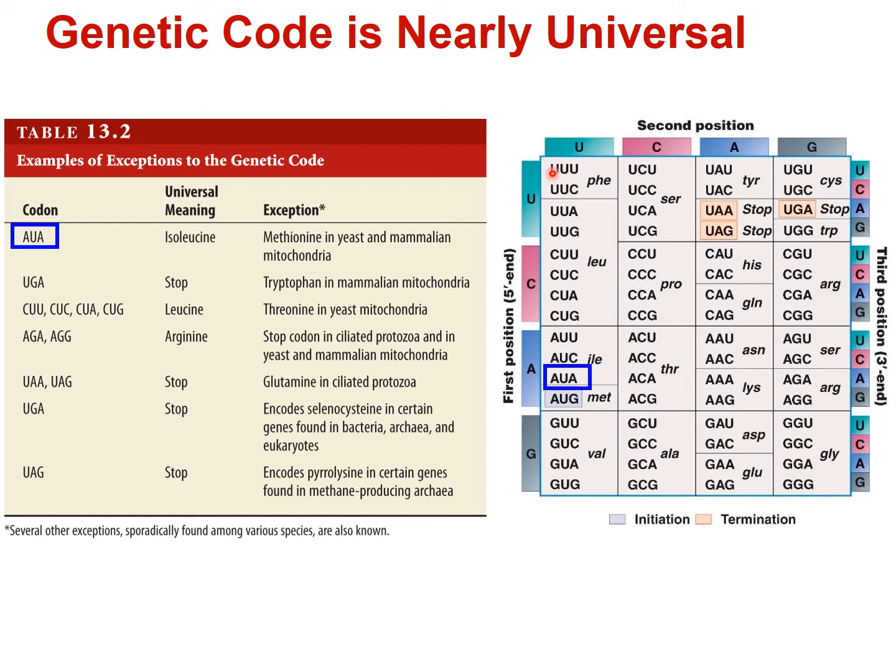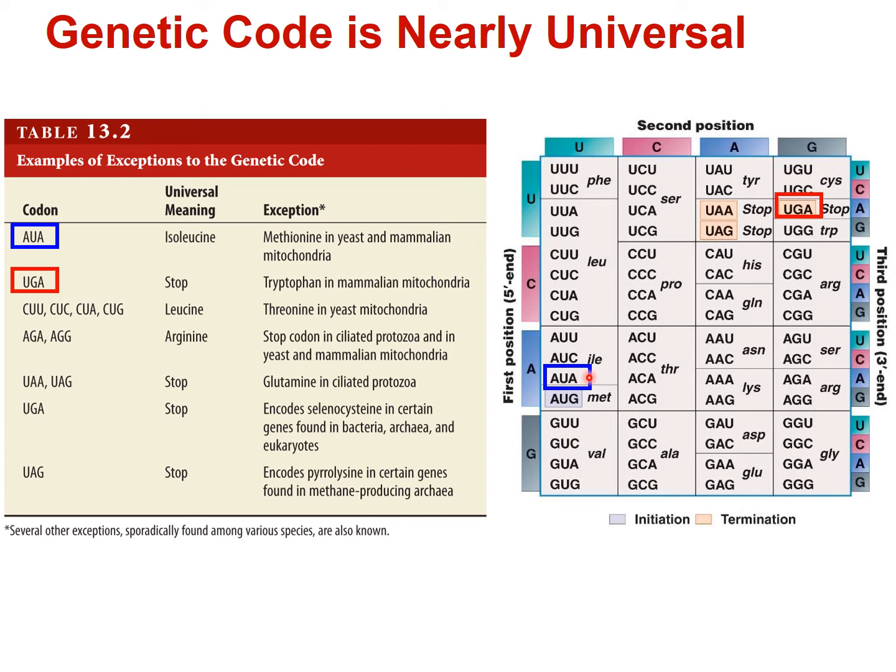So one example, AUA here, is isoleucine, the universal meaning in most organisms, but in some yeast and mammalian mitochondria, this codes for methionine. Now this, if you look at it, makes sense because it's right next to methionine. It has the same first 2 letters in its codon. The first 2 positions are the same, and it only differs by purines. So that makes sense. That could code for methionine.